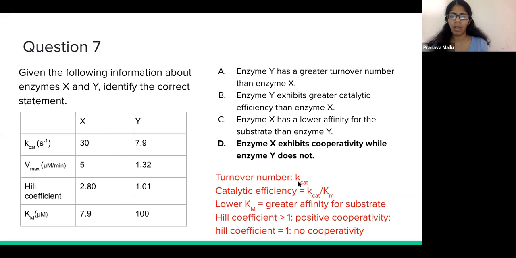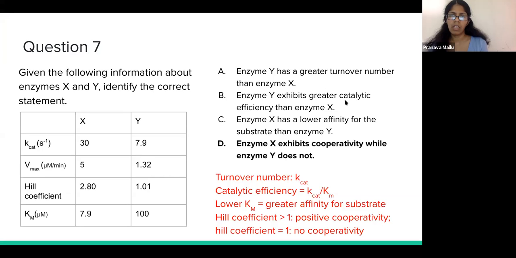So if kcat equals Vmax over the enzyme concentration, and you have the same enzyme concentration, the enzyme with the higher Vmax has the higher kcat. That would be X. So because X has a greater turnover number than enzyme Y, A is incorrect.